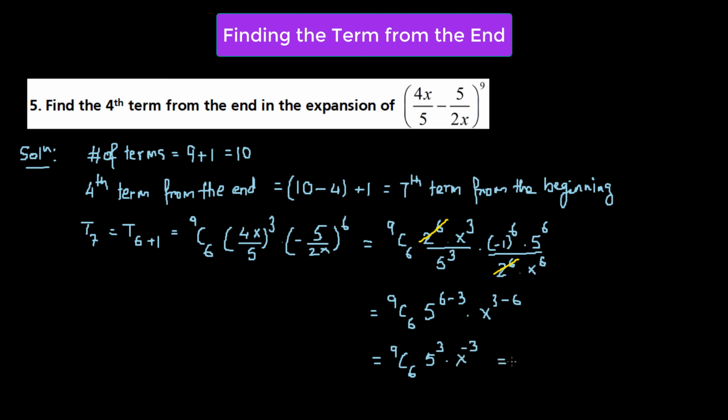So we find out the value using a calculator. 9C6 is going to be 84 times 5 raised to the power 3, which is 125. So we have 10,500 times x raised to the power of negative 3. So this is the fourth term from the end.